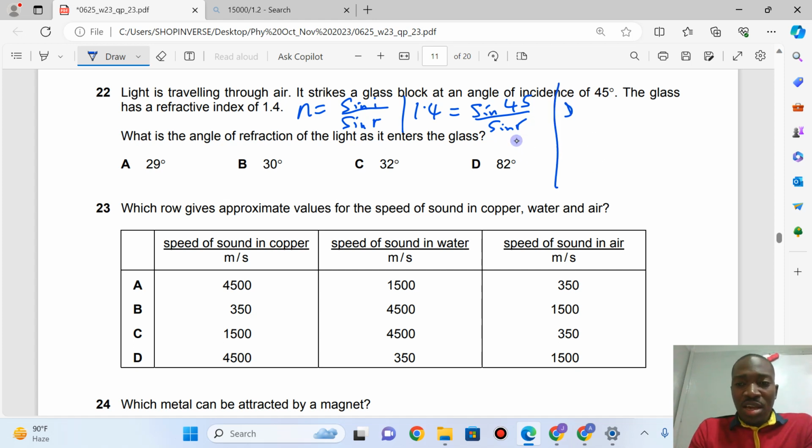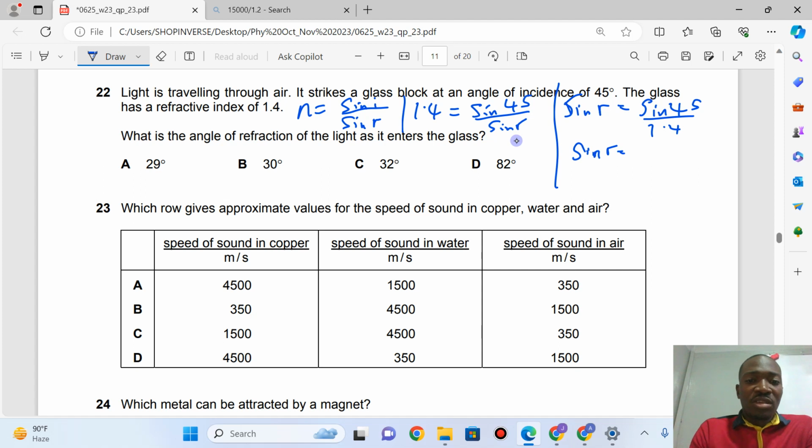Hence, sine r equals sine 45 divided by 1.4.